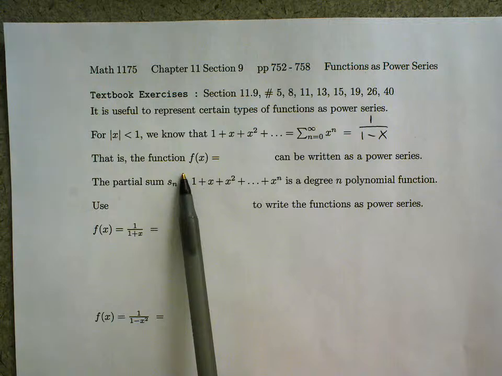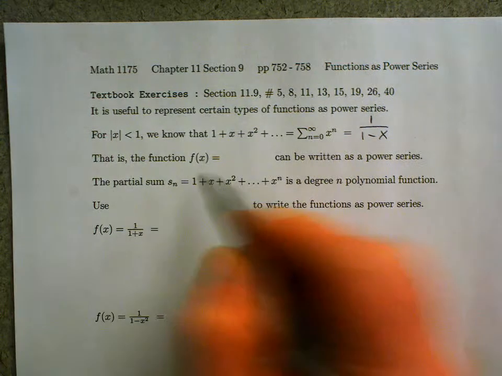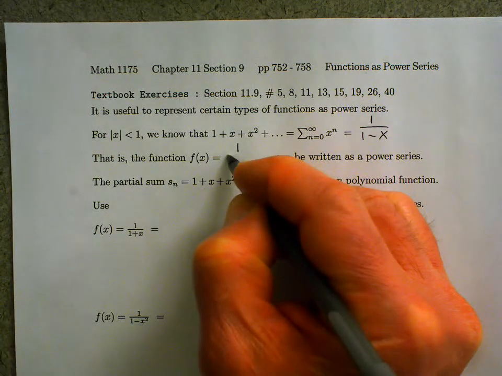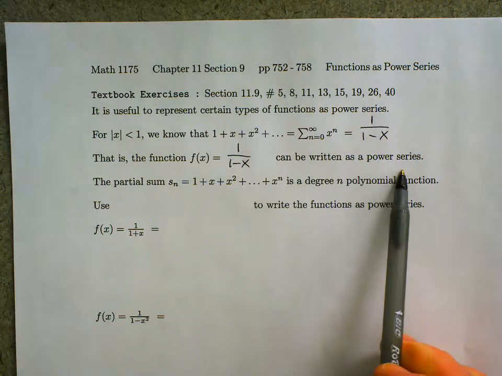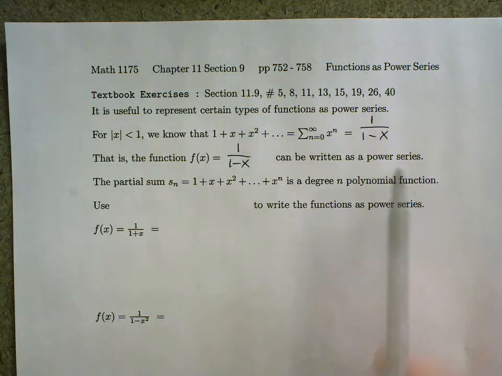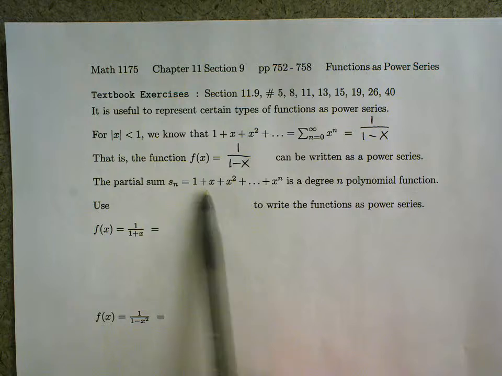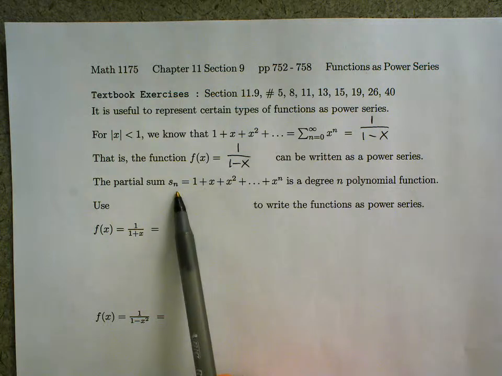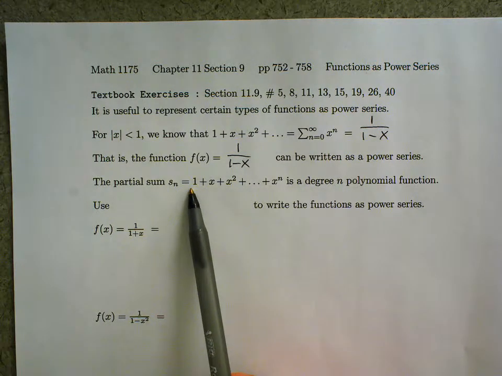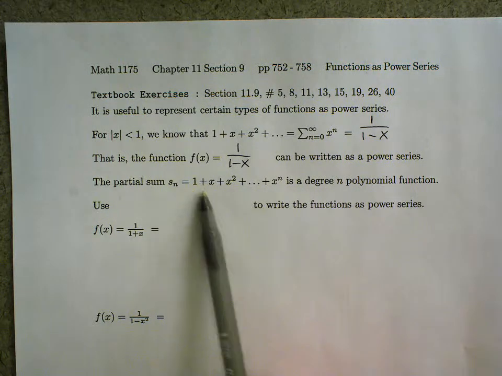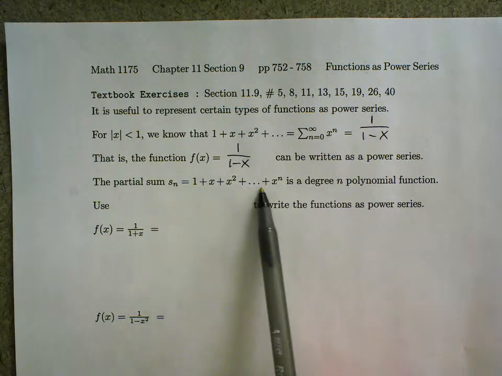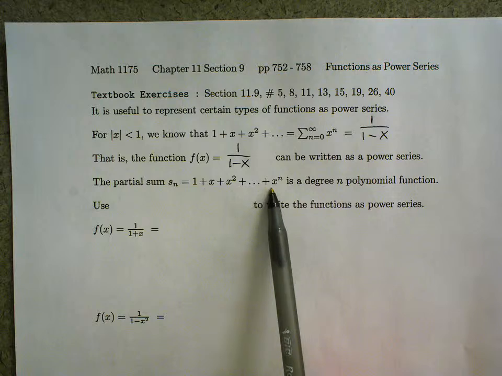So that means the function f of x equals 1 over 1 minus x can be written as a power series. For this particular power series, the partial sum s sub n is a degree n polynomial function, 1 plus x plus x squared, and so on, up to plus x to the n.